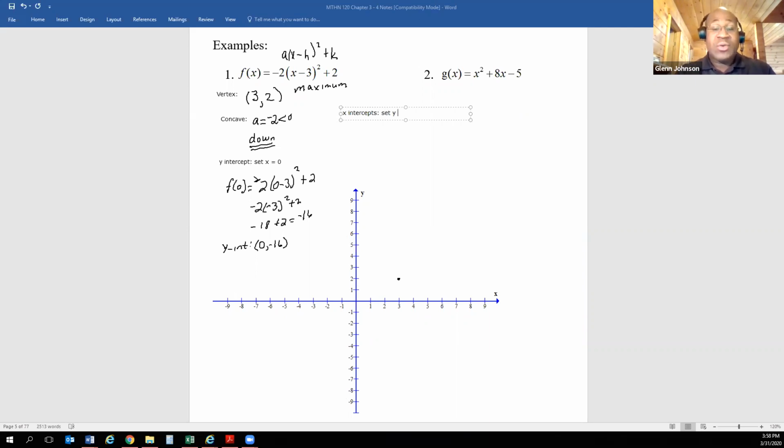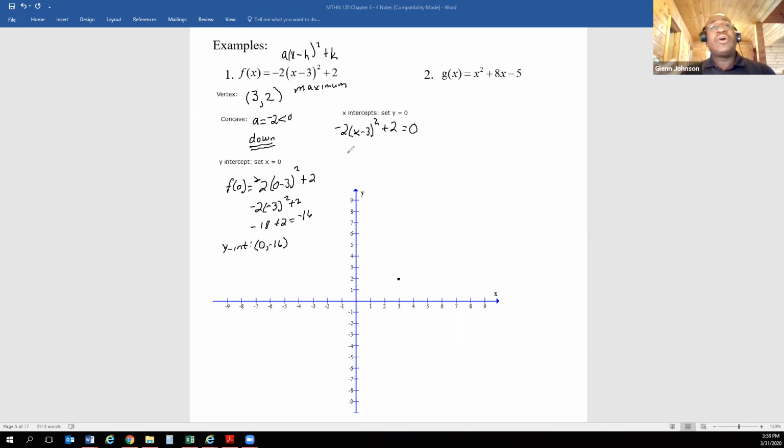So for this, we set y equal to 0, or we're just setting the function equal to 0, and we're going to solve it. So we have negative 2 times x minus 3 squared plus 2 equals 0.